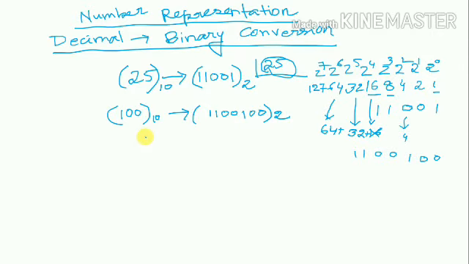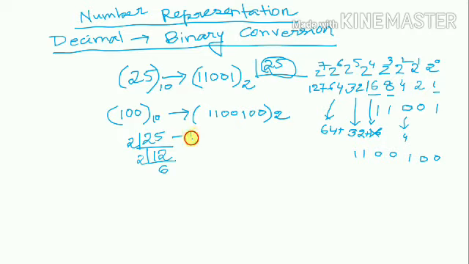Suppose you want to find out the binary form of 25. So you will divide by 2. 2 times 12 is 24. Now 12 will be divided by 2, giving 6, then 3.